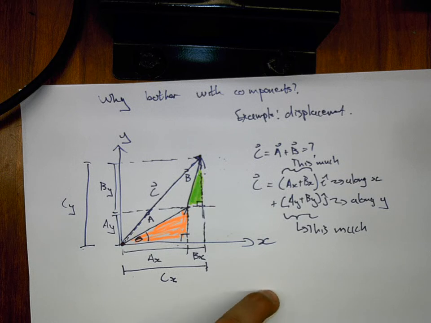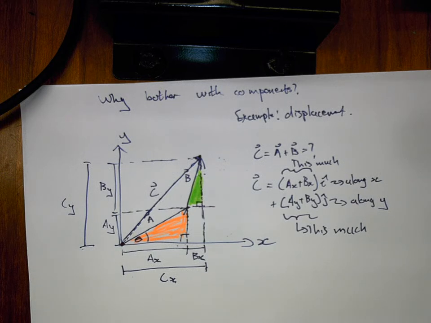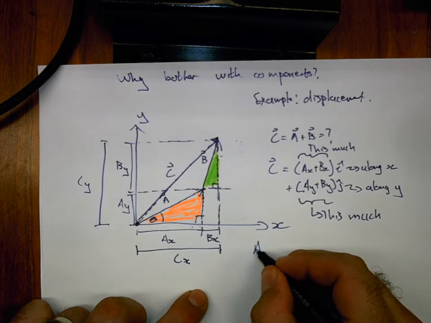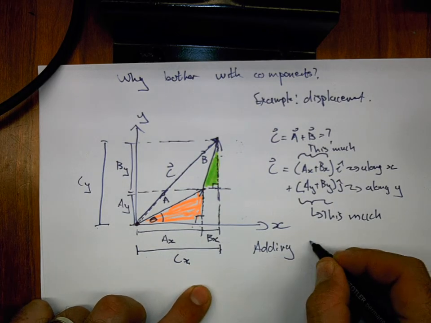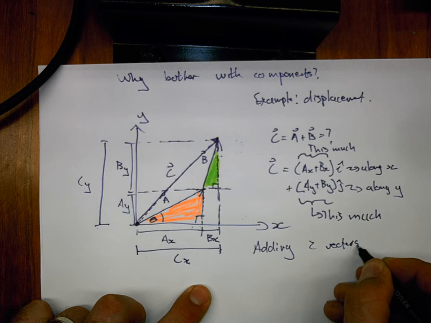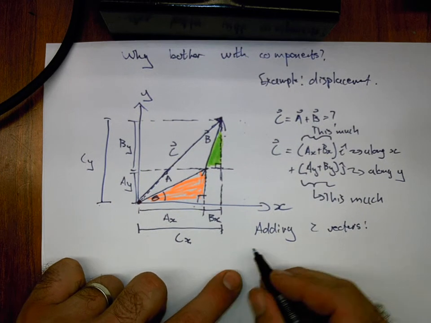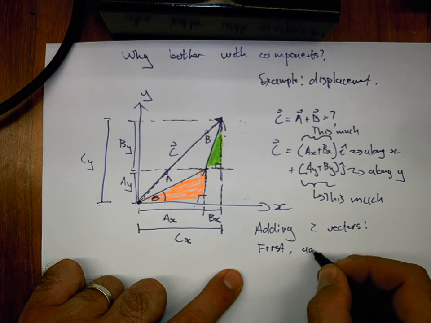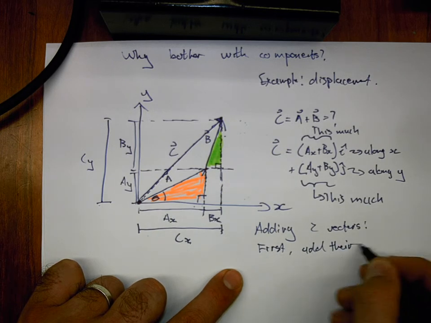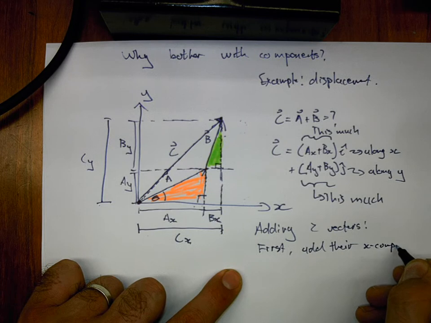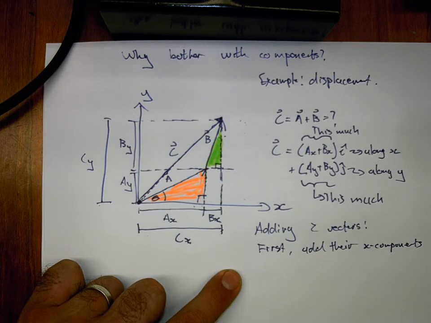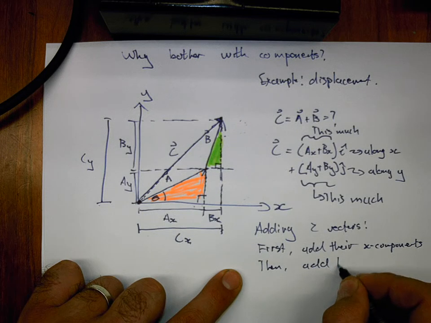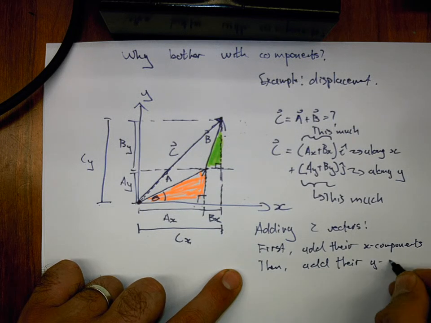Pretty clear? And this now gives us a mathematical way in which we can add any vectors. So if I want to add two vectors, all I have to do is first add their x components, and then add their y components.